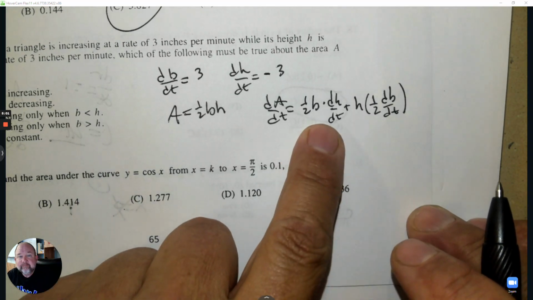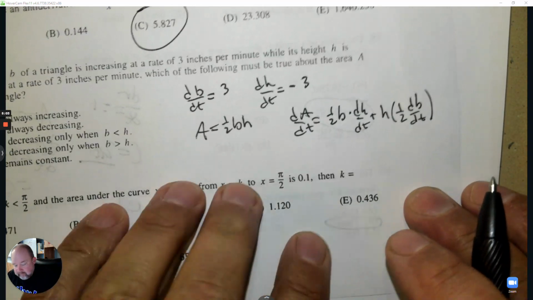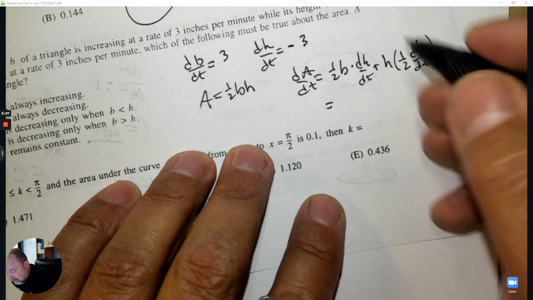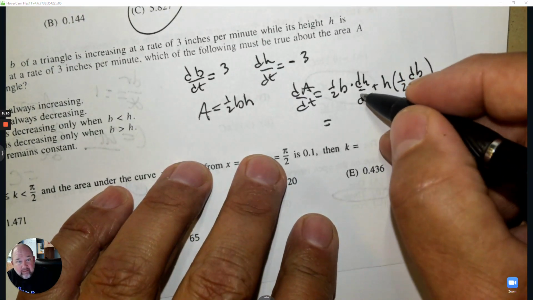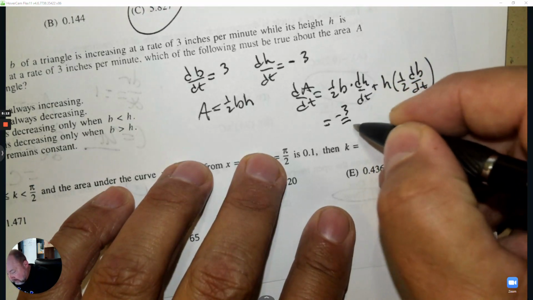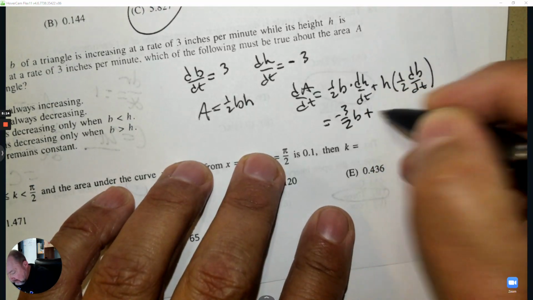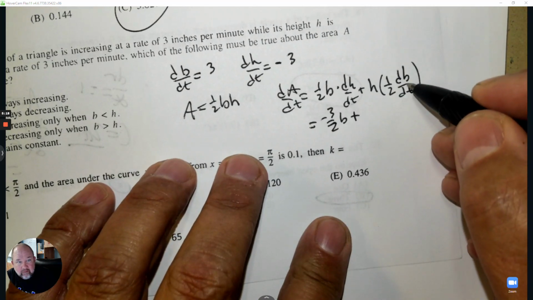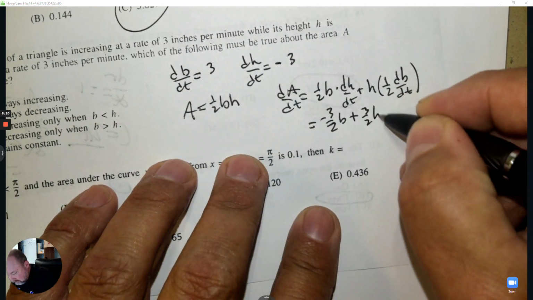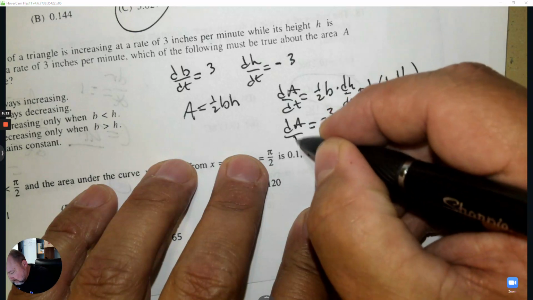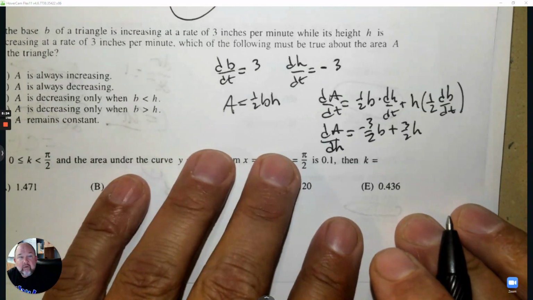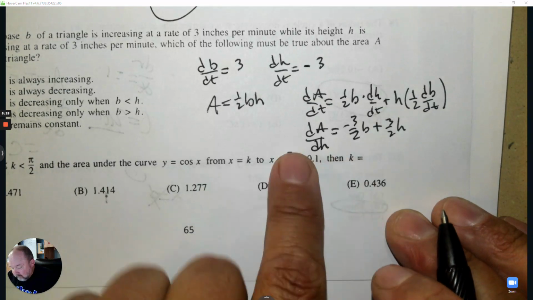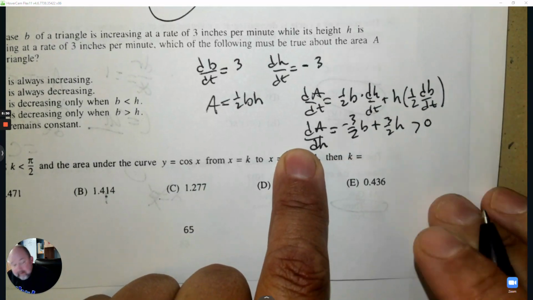So if I plug in -3 and +3, so if I plug in -3, I get -3/2 base plus, if I plug in +3 here, I get +3/2. So when is the rate positive when looking at this? So when is this greater than 0?